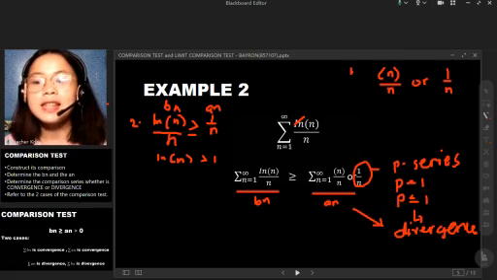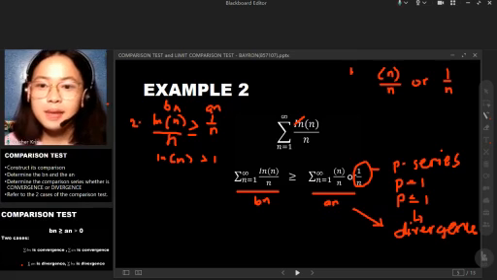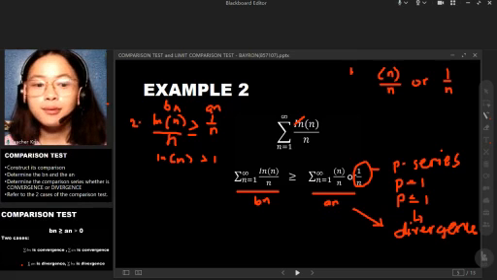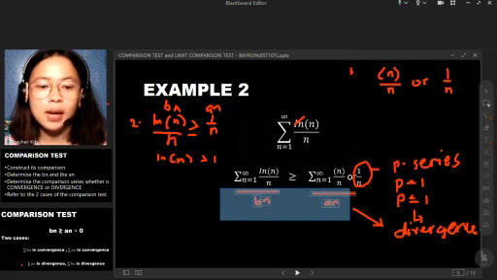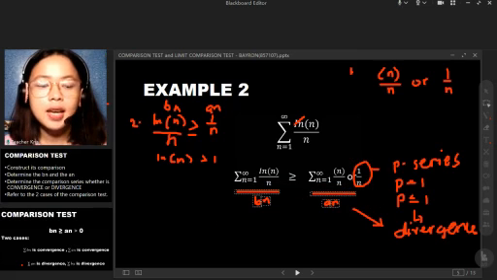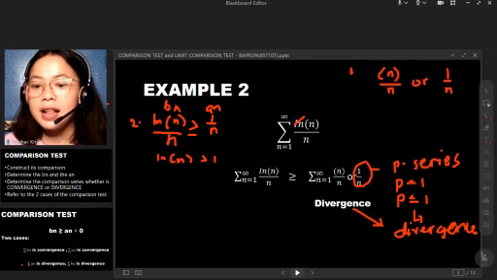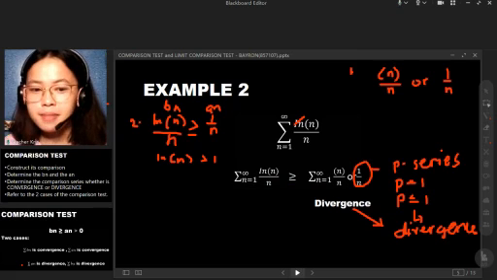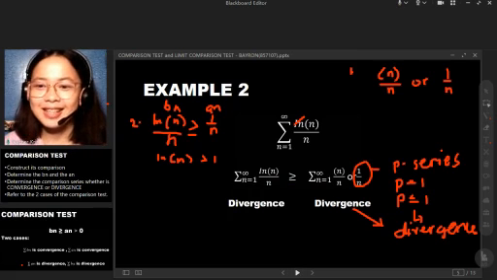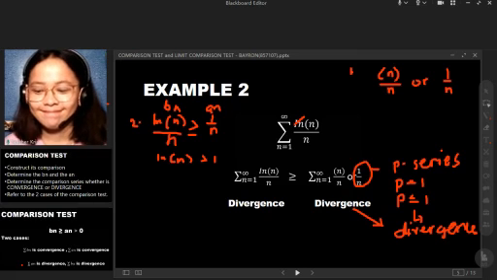So in the two cases, if the series of small sequence is divergence, then the series of big sequence was divergence also. That's it for the example number 2.